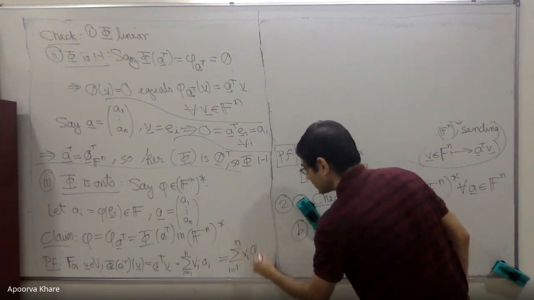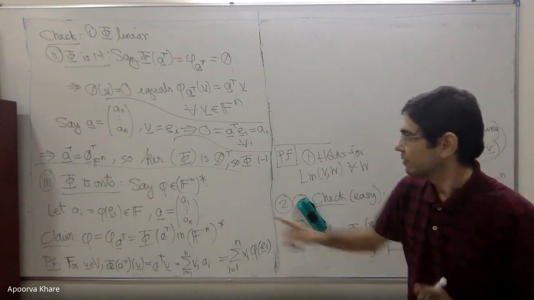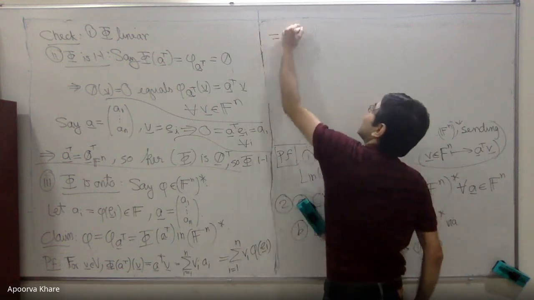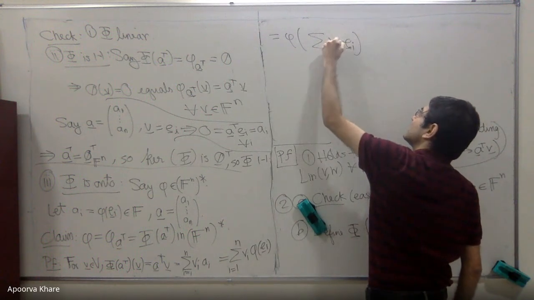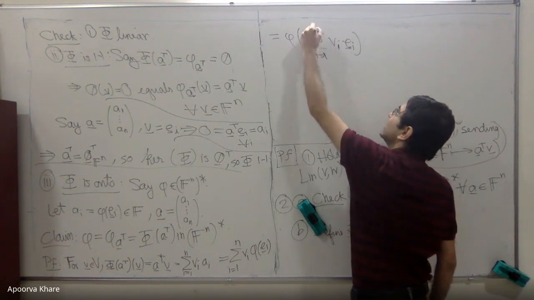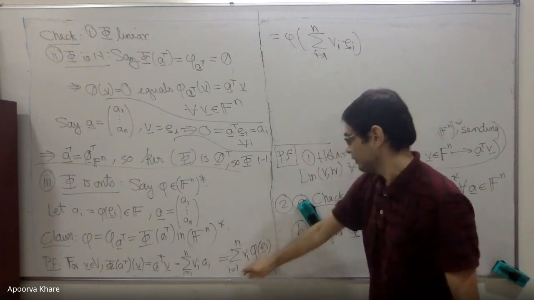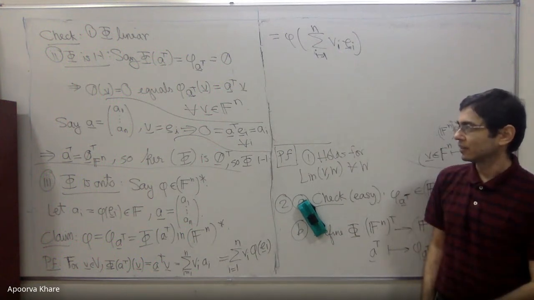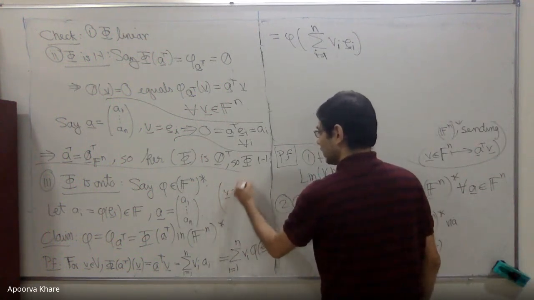And now what was AI? AI was phi of EI. That was the definition of AI. But phi is a linear function. So this is exactly the same as phi of summation VI EI. These are vectors, and this is a linear combination of those vectors. Phi of a linear combination is the linear combination of the phi's. So if you expand it out, it is summation VI phi of EI, exactly what I wrote here. But now what is summation VI EI? V itself was V1, V2, Vn.